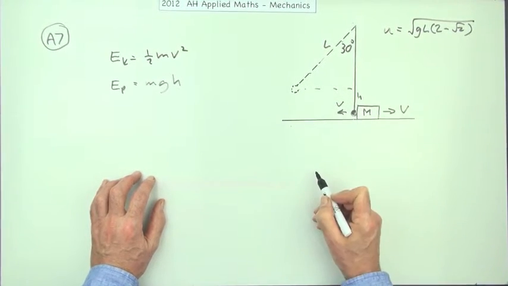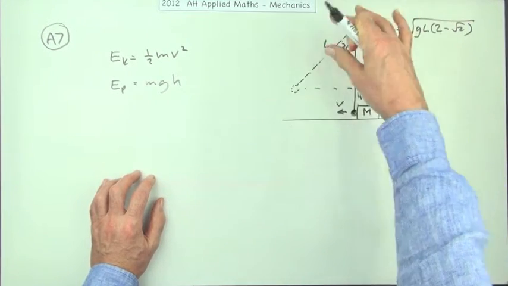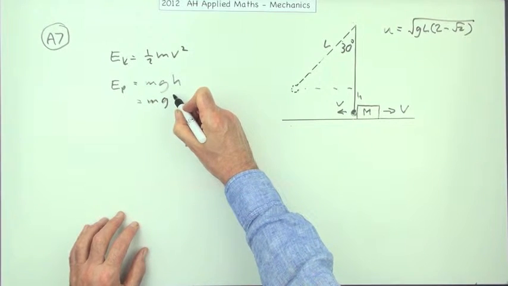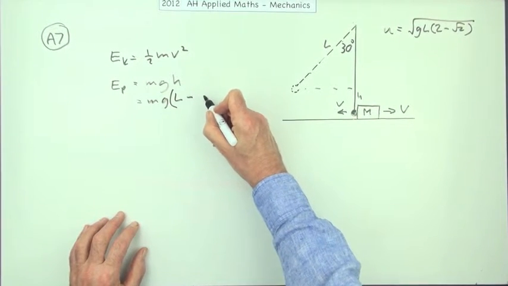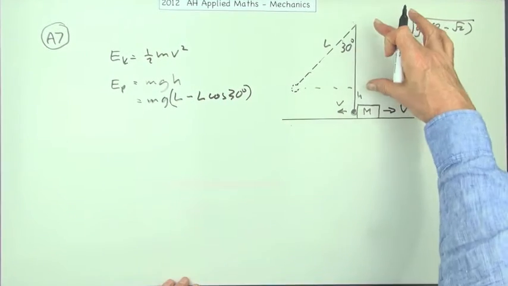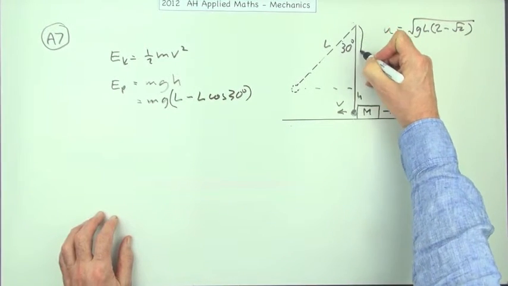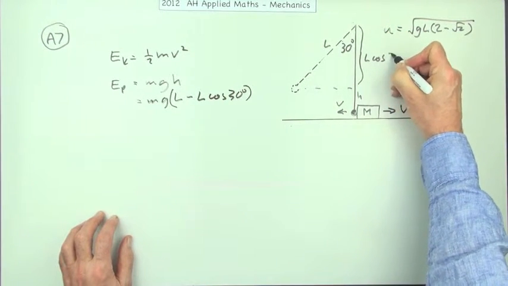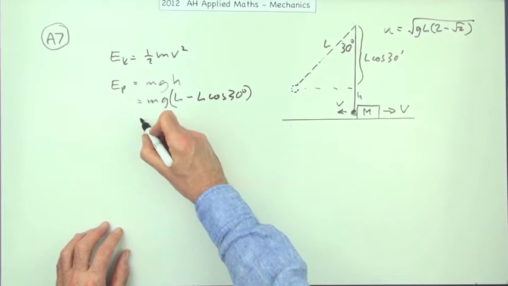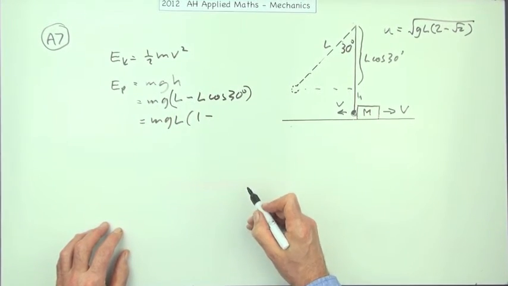That'll be the length minus the cosine of 30 times the length, so mg times L minus L cos 30 degrees. That part there is L cos 30 degrees, just like in the previous one, that portion was L cos 45. So that's mgL times 1 minus, and the cos of 30 is root 3 upon 2.